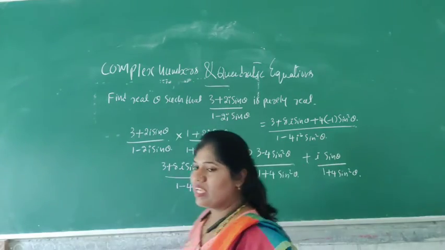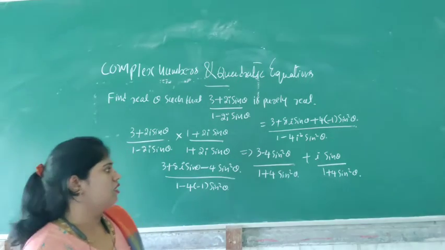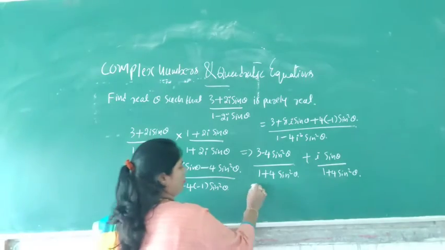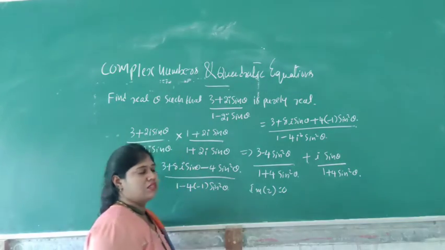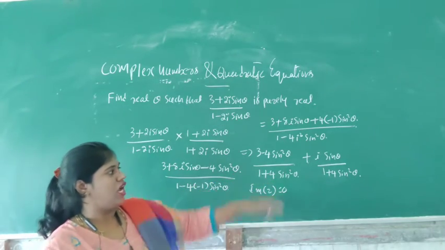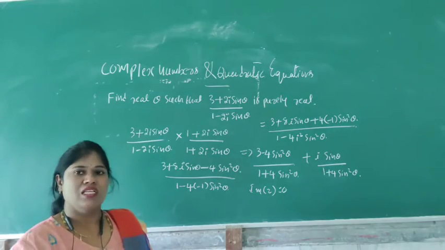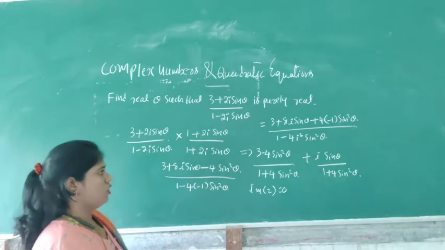So if it is purely imaginary, then imaginary part of z is equal to 0, no? So Im of z is equal to 0. Which is the imaginary part here? 8 sin theta divided by 1 plus 4 sin square theta is the imaginary part. That is going to be 0.